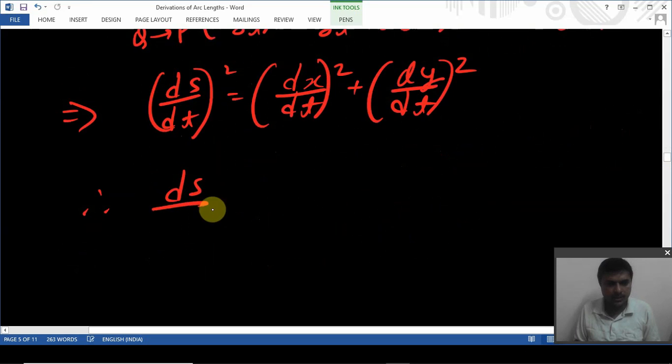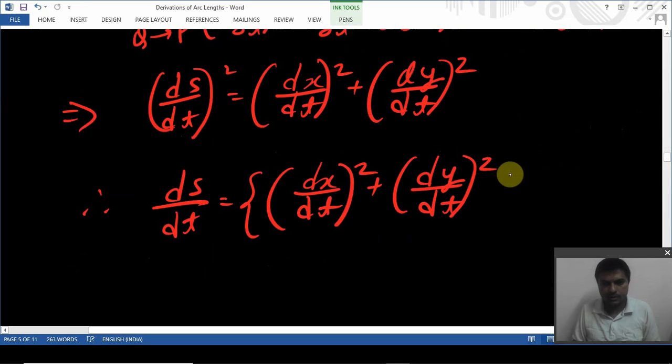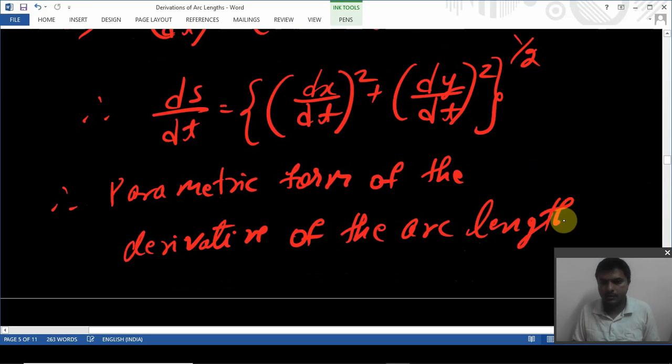So ds by dt is equal to, just take the square roots on both the sides, you will get (dx upon dt) the whole square plus (dy upon dt) the whole square, raised to 1 upon 2. I have taken the square root on both the sides. So let's remember this, students, we have derived the derivative of arc length in the parametric form.